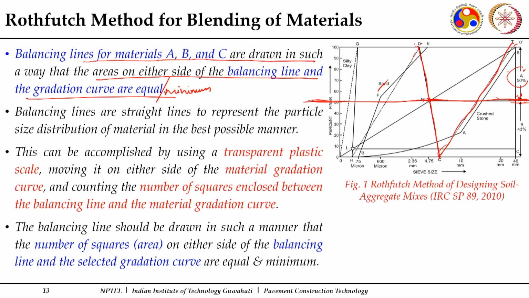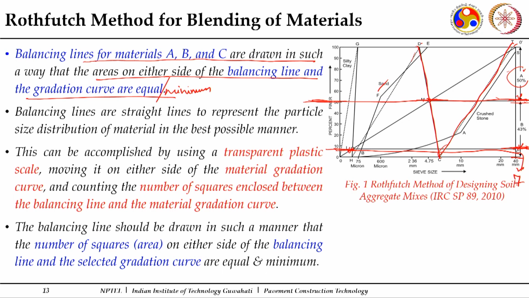Now, this is the balancing line of the second, this is the balancing line of the third, and where it cuts the diagonal here, when projected, it came out to be this one. So, what will be the percentage of B in that particular case? If this is 7 up to this particular point, then this will be 43%. And what will be the percentage of C?